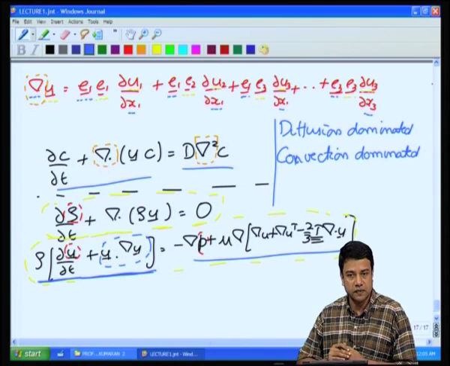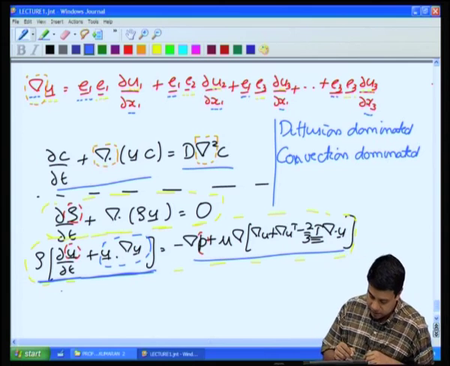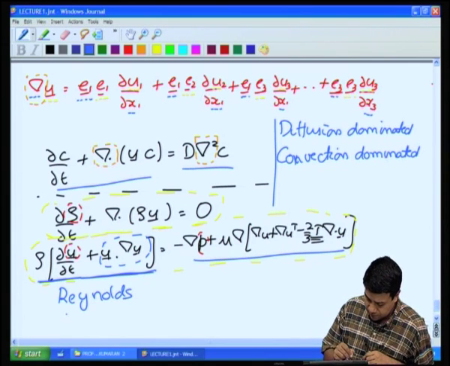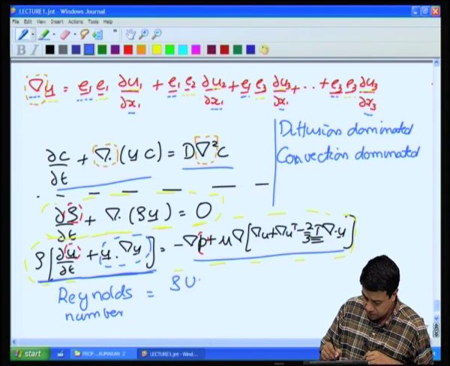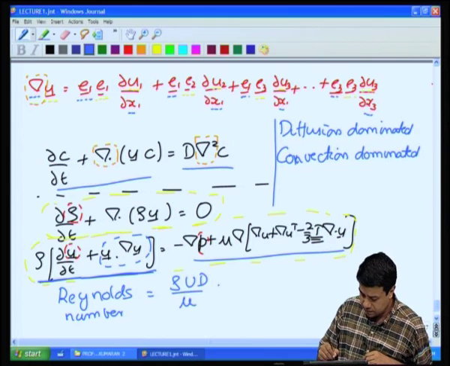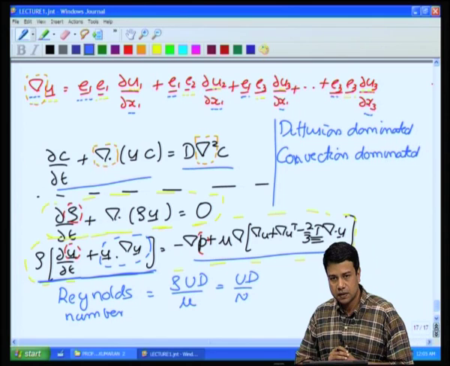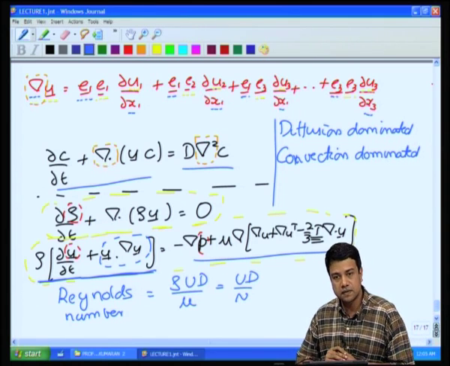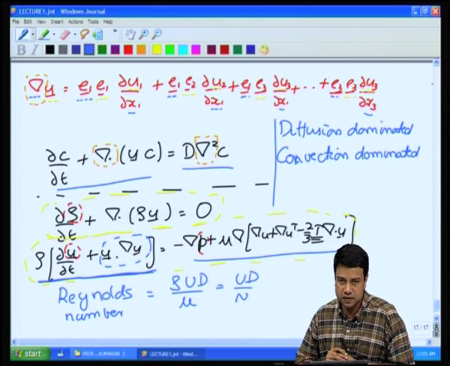The ratio of the convection and diffusion in this case is the equivalent of the Peclet number, except that instead of mass or energy diffusion, you have momentum diffusion, the kinematic viscosity, mu by rho or nu.